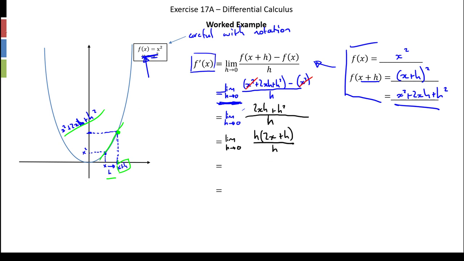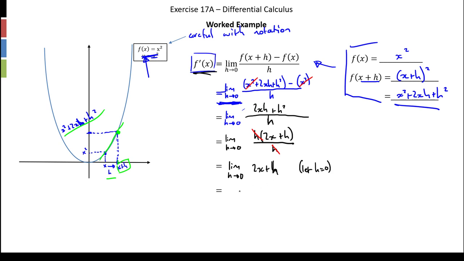Now, lovely, we get that. And now I'm left with, and I'm going to show the full working out just so everyone can see it, 2x plus h. The f dash of x, remember this is what we're dealing with, is equal to the limit as h approaches 0 of 2x plus h. I can solve this limit. In here, I can let h equal 0.